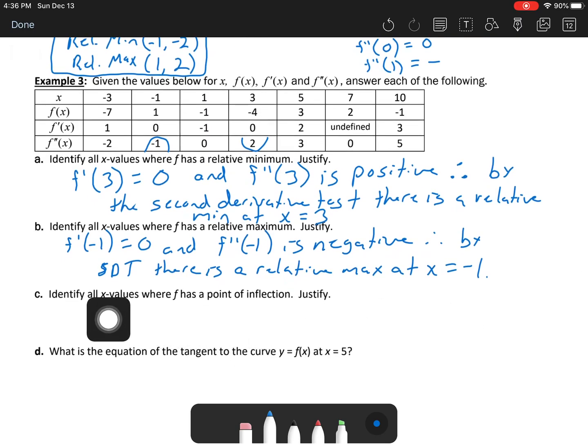All right. Next thing we were looking for would be x values where there would be an inflection point, and so we know that we're looking for where the second derivative would be equal to 0. I can see right here at x equals 1, f double prime is equal to 0, so f double prime of 1 equals 0.